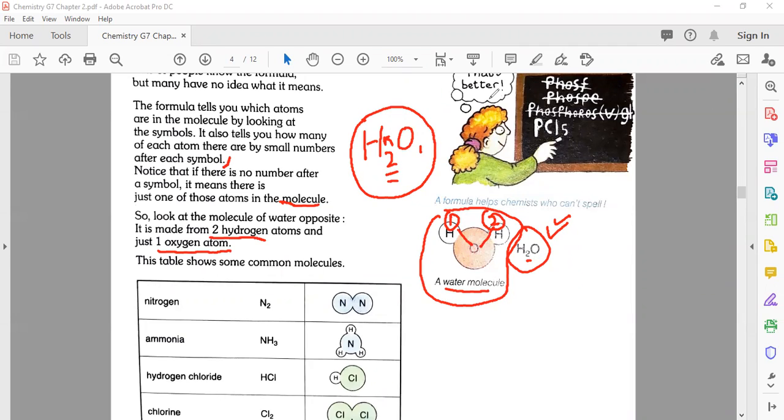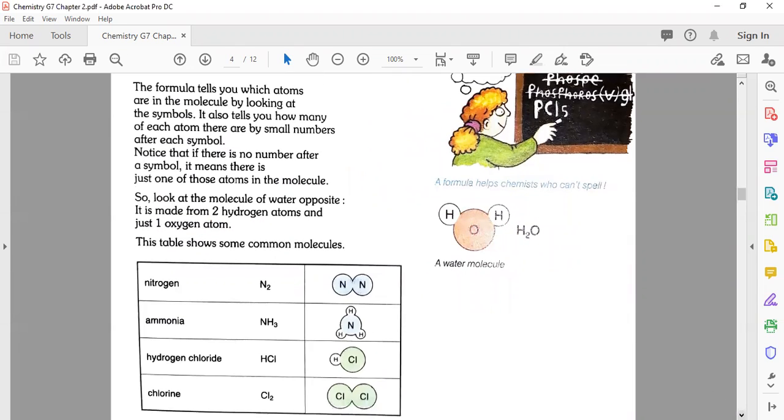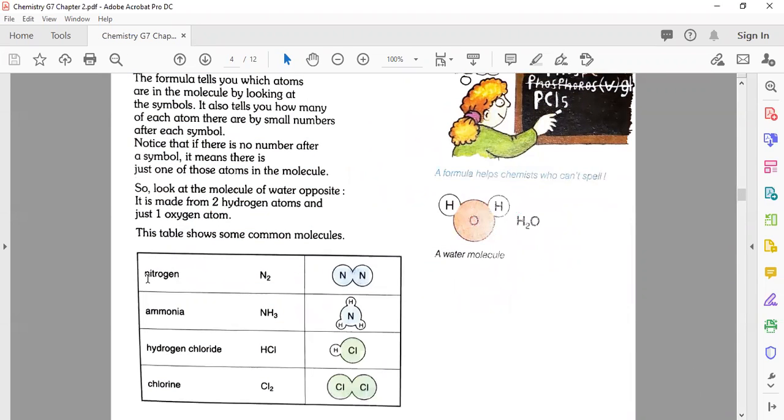Now let's see a few examples of different molecules here on page number 21. First, nitrogen, N2. What does it mean? During the formation of a nitrogen molecule, 2 nitrogen atoms make a chemical bond and join together.